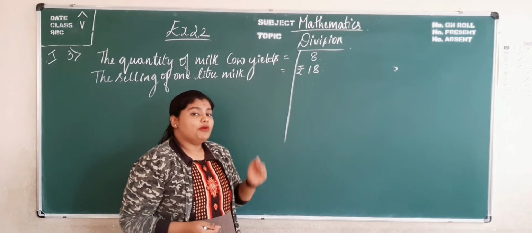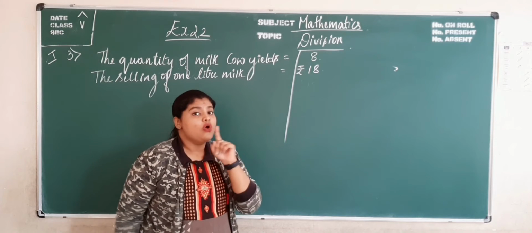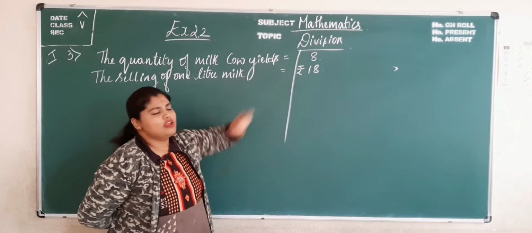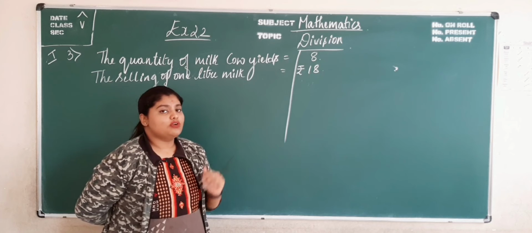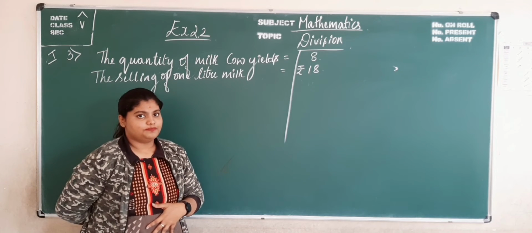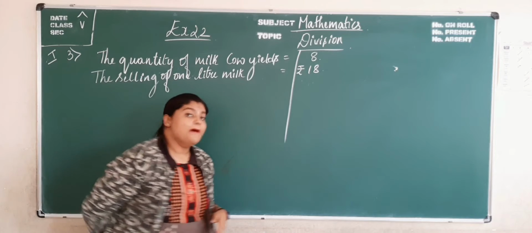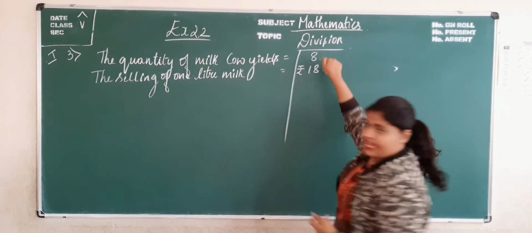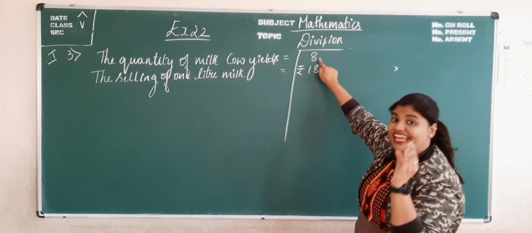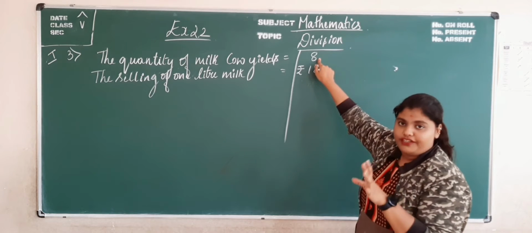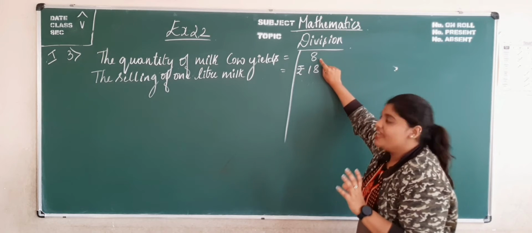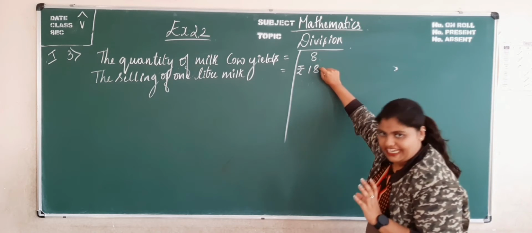What is the amount earned by her in 1 day? Each day it is giving 8 liters, and the cost of 1 liter is 18. To find the cost of 8 liters of milk, what will we do? We will multiply 8 into 18.